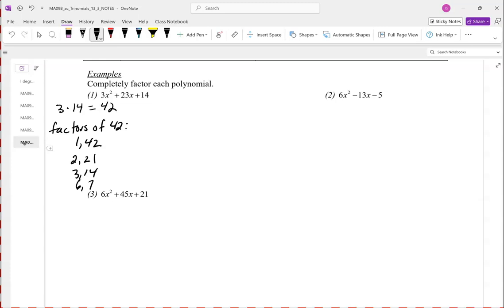I want the number in the middle. What gives you 23? The 2 and the 21, right? So our next step then is to write 3x squared plus 2x plus 21x plus 14. We rewrite the 23 as 2 plus 21.